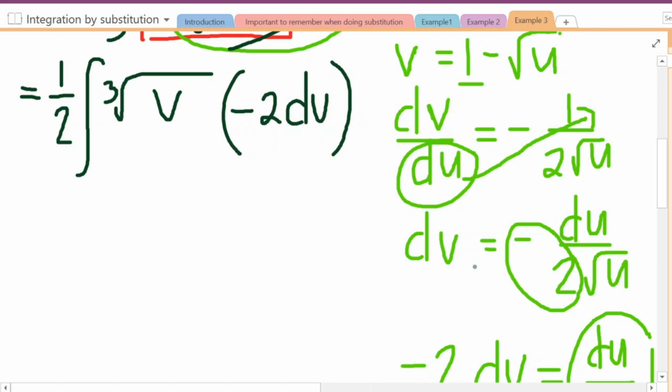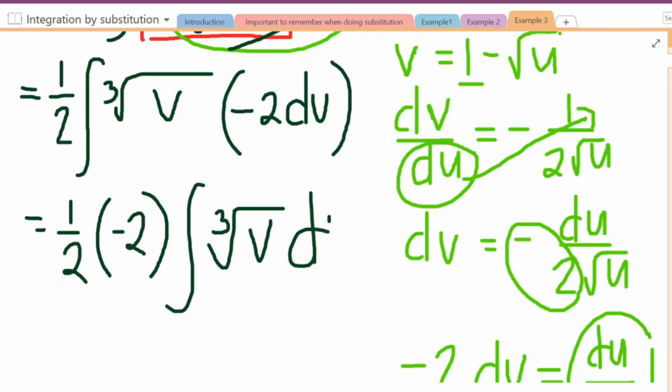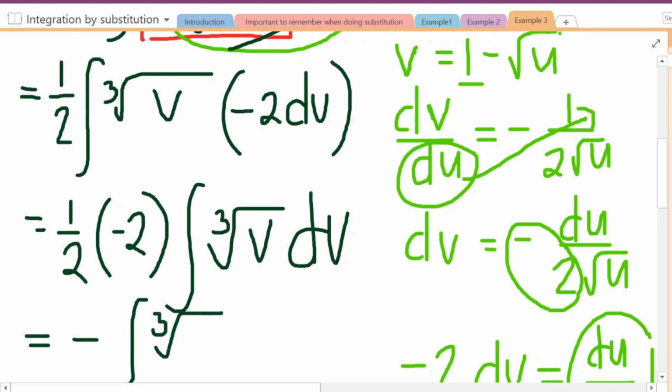So we can write 1/2 times negative 2, that's from the inside, we are only left with cube root of v dv. Our constants cancel out and simplified as negative of the integral of cube root of v dv.